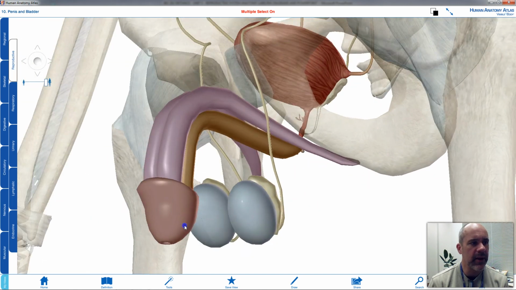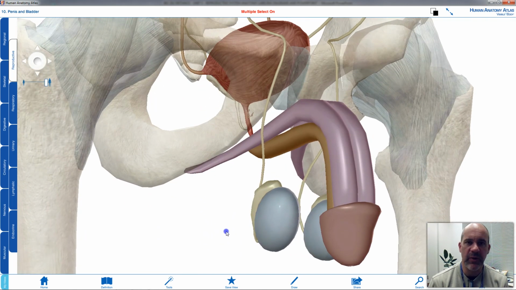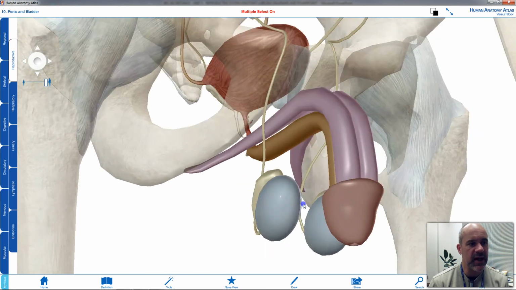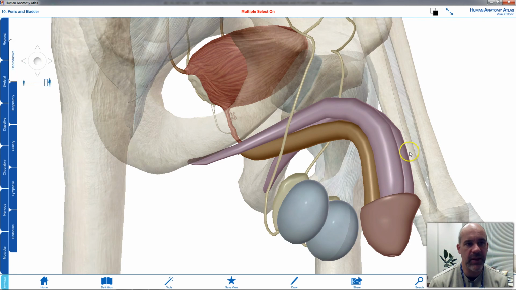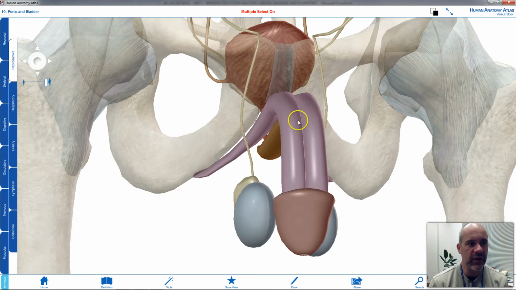And the purple and brown, so these are tissues that are inside the penis, obviously. Most of these are erectile tissues. All right, so notice on this top portion of the penis up in here, you have two cylinders of erectile tissue. So those fill up with blood, and then that causes erection of the penis.